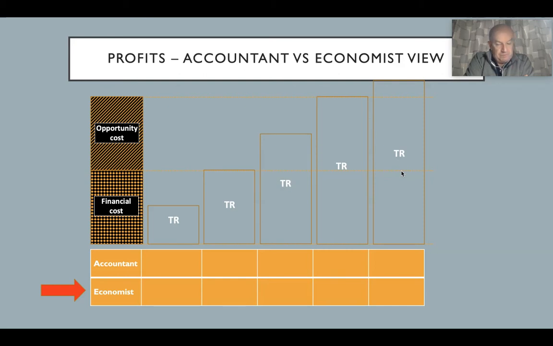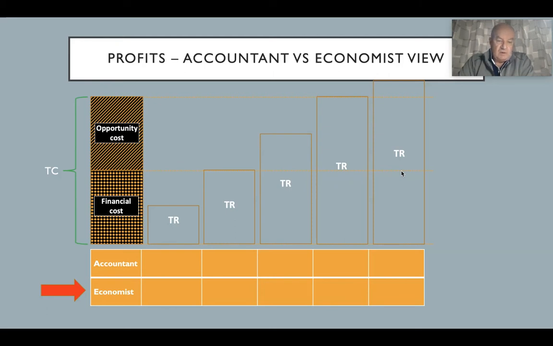Okay, so let's take a look at the difference between an accountant's view and an economist's view of profit. If we take a look at the economist's view, we basically have total cost, which is essentially the financial cost. That is your cost paid out, so things like rent, wages, raw materials, whatever that might be.